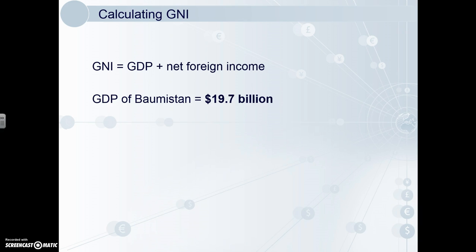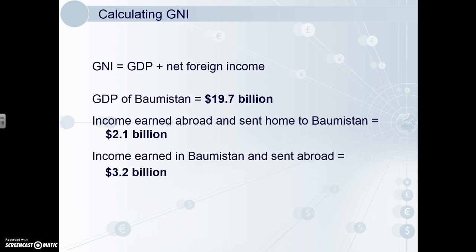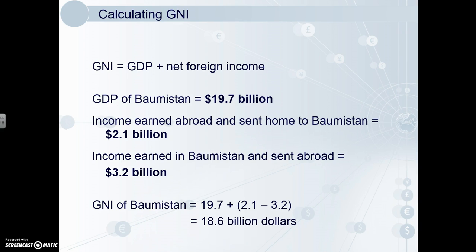To this, we add $2.1 billion earned abroad and sent home to Australia, minus the $3.2 billion of income earned in Burma-Stan and sent overseas. Again, you need to show your working like so, even though the maths is simple, and write your units when you give your answer. So really, 1 mark for this, 1 mark for that. That's what you can expect in the exam.